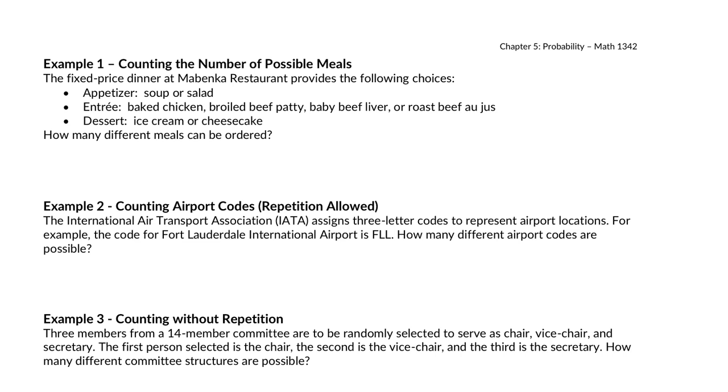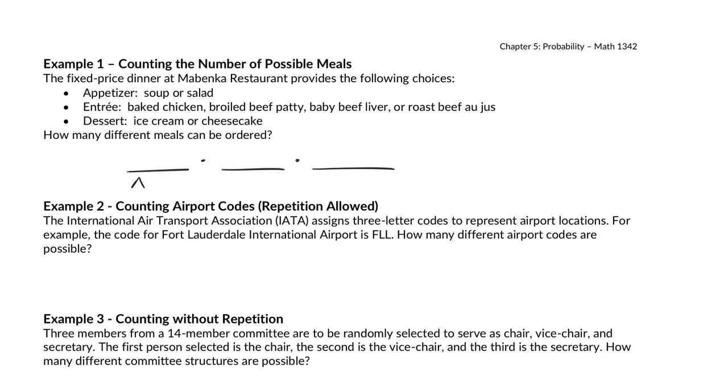This is tapping into what's called the multiplication rule of counting. If a task requires a sequence of choices in which there are P selections for the first and Q selections for the second, R selections for the third, and so on, then the task of making these selections can be done in the following way. We're going to choose an appetizer, we're going to choose an entree, we're going to choose a dessert.